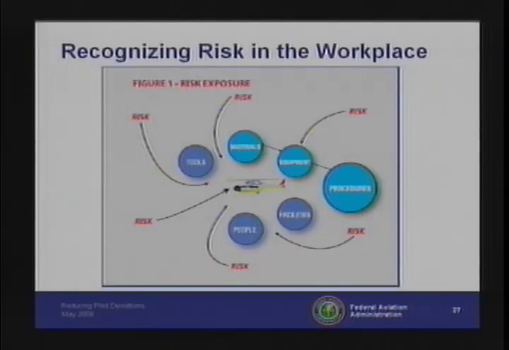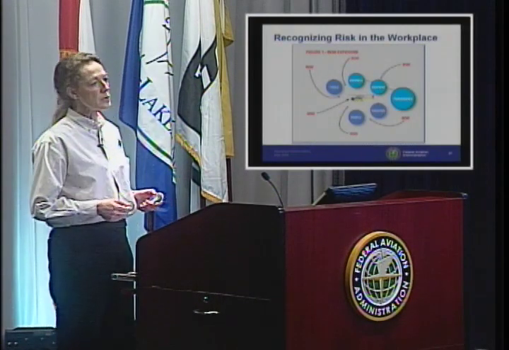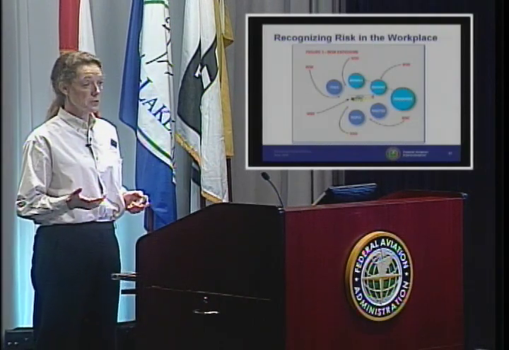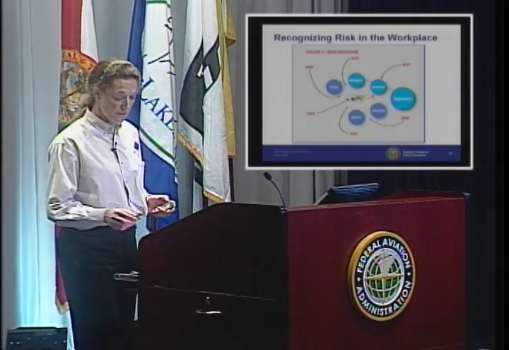So recognizing risk in the workplace, the FAST team, that's the FAA through the FAST team, is proactively developing an accident, incident, or deviation intervention strategy using a system safety concept that was originally designed for inspector training in 2005.